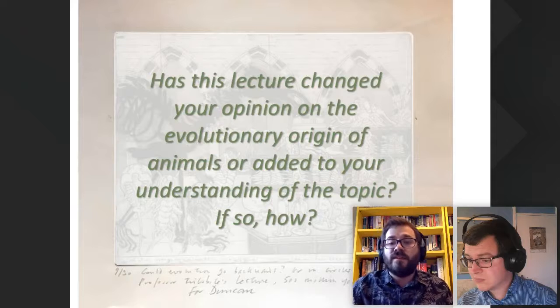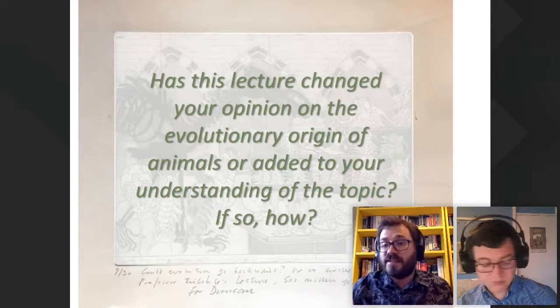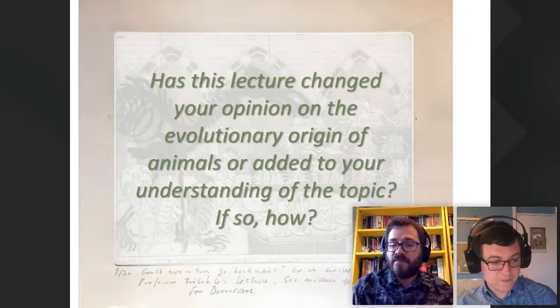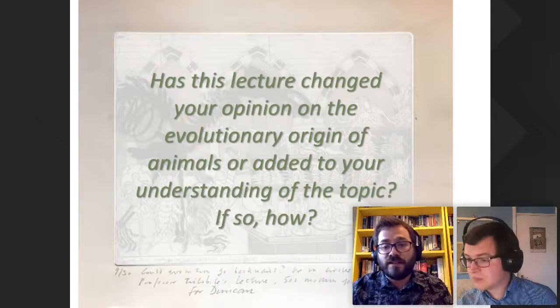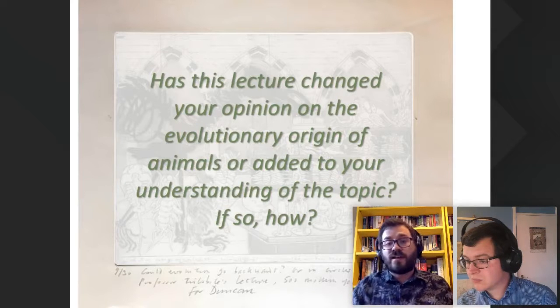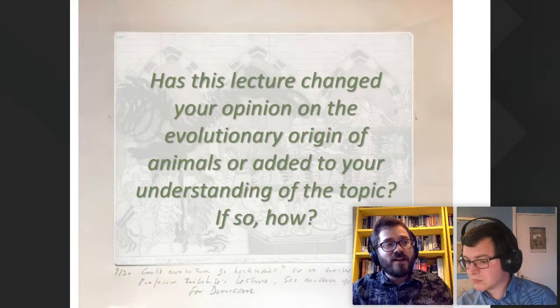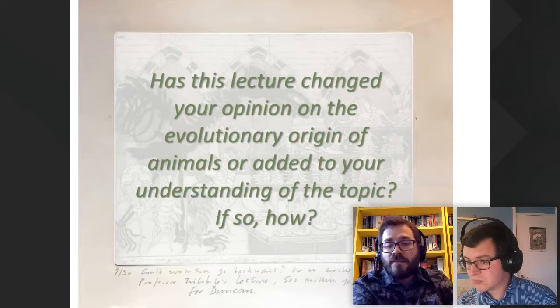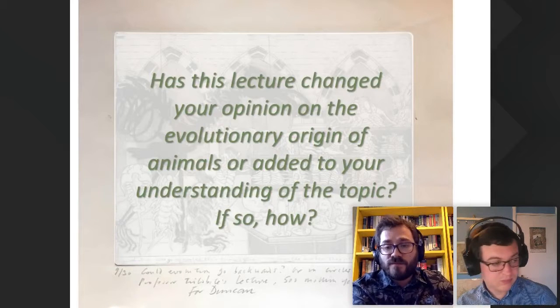What is more common, although still relatively rare, is that organisms leave behind evidence of their movement or their feeding behaviors in so-called trace fossils, so burrows and trackways. And the very first evidence that there are complex moving animals, definite animals, comes from the trace fossil record.